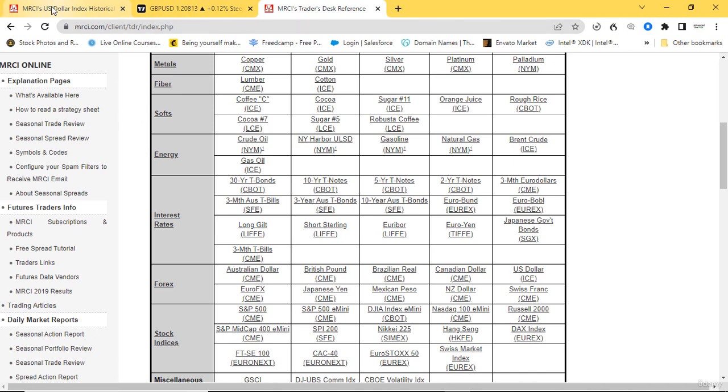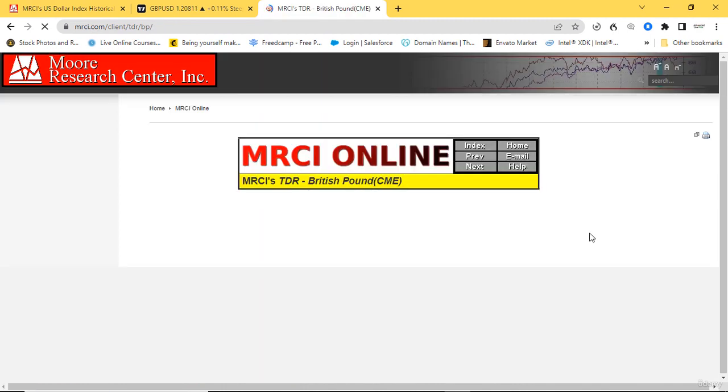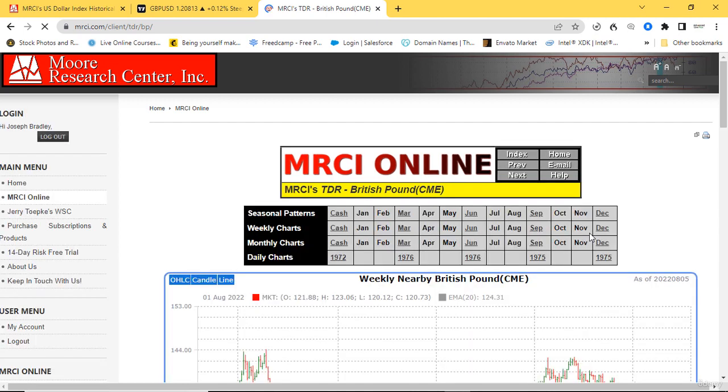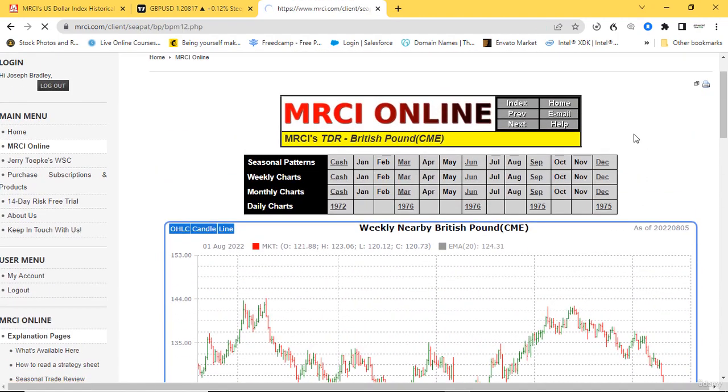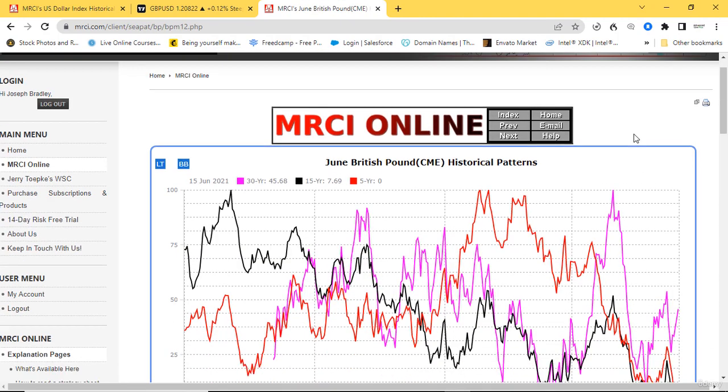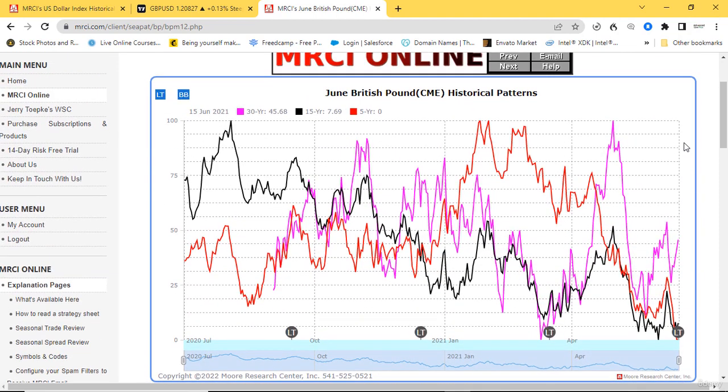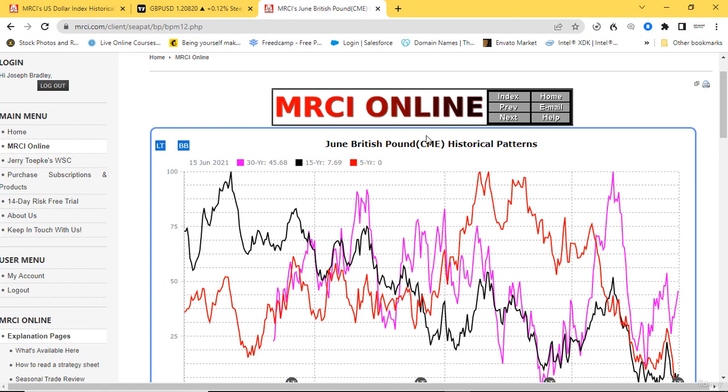So this one is on the US dollar, so we'll go to the British pound and compare the two.